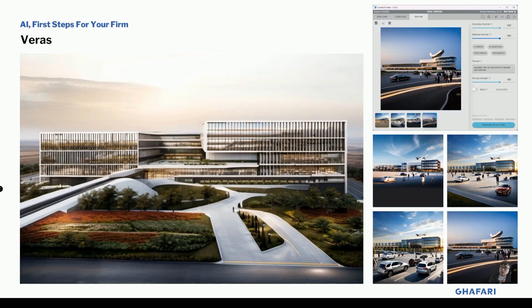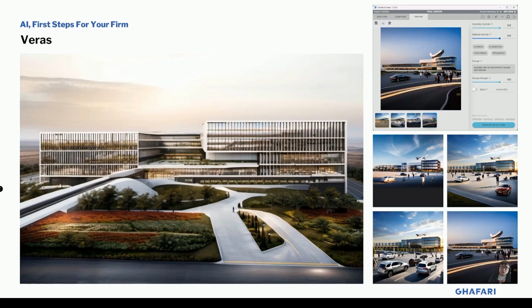With Veris, because it's an architectural plugin, it seems to have a very good architectural trained model compared to SketchUp Diffusion. But there are still some limitations on the variations you can get based on the type of project, the type of materials, and the rendering settings. But Veris can also produce high quality exploration images.